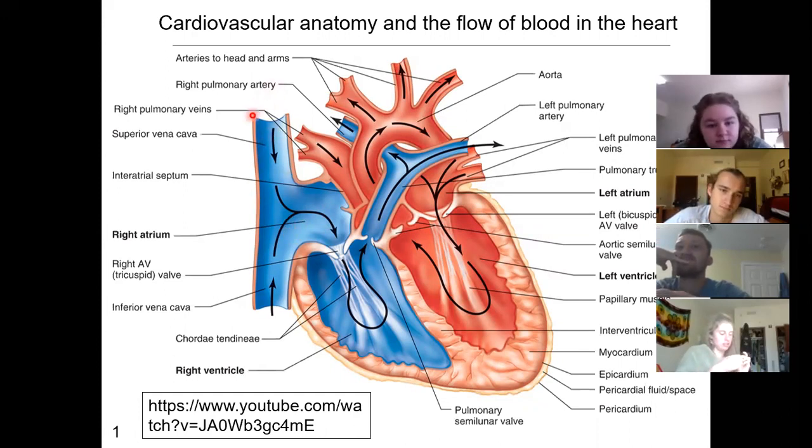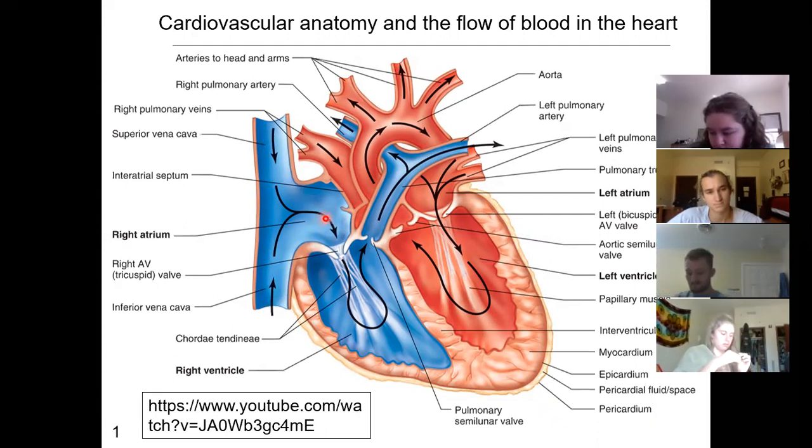Deoxygenated blood flows from the brain and from the body to the right atrium. This is happening between heartbeats. The heart is at rest. Blood is returning to the heart, to the right atrium, and it flows through the tricuspid valve into the right ventricle. At the same time, the heart is still at rest.